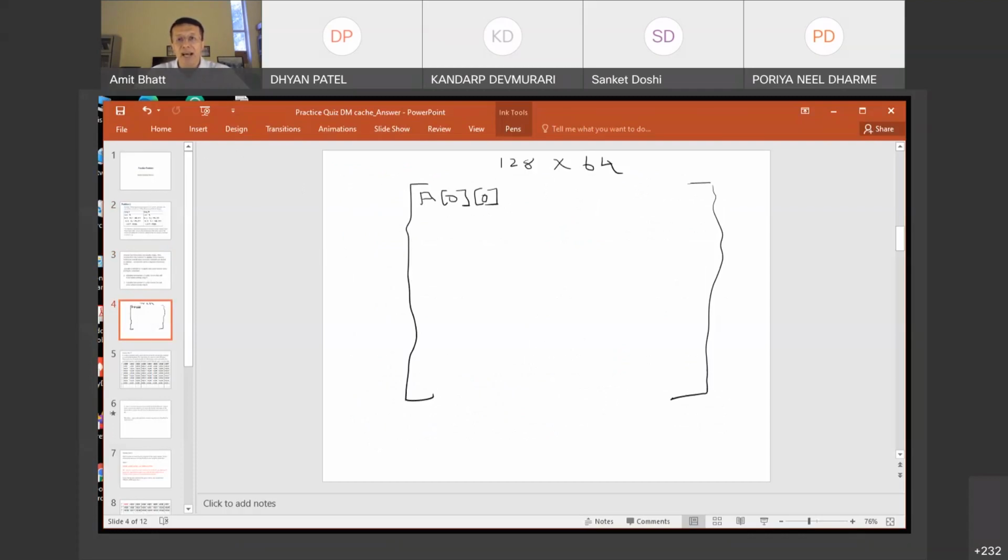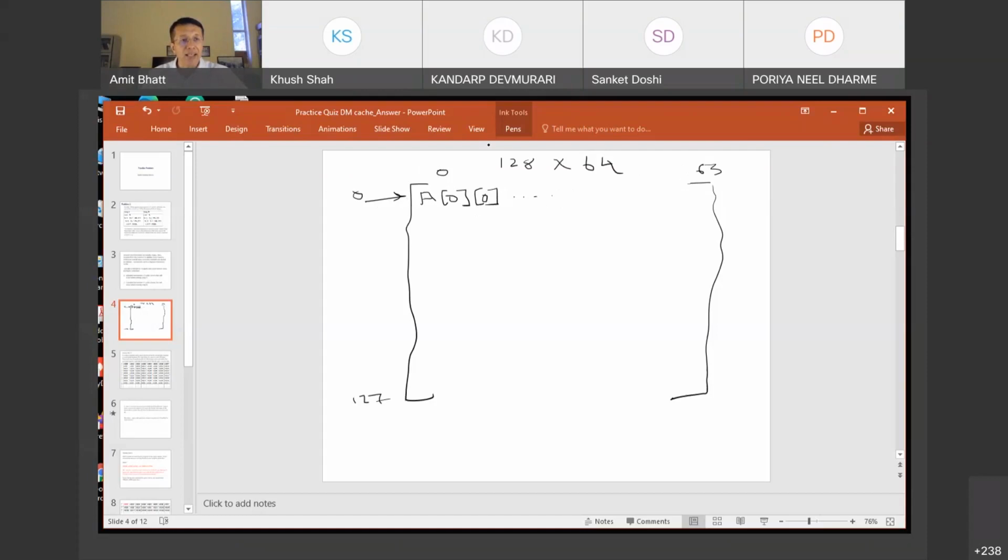What would be the last element of this particular row? A of 0 of 63. Okay, let others also think. So now, we have already said that there will be 128 rows. So if the first one is 0, the last row would be the 127th row. And column wise, if the first column is the 0th column, the last column would be the 63rd column.